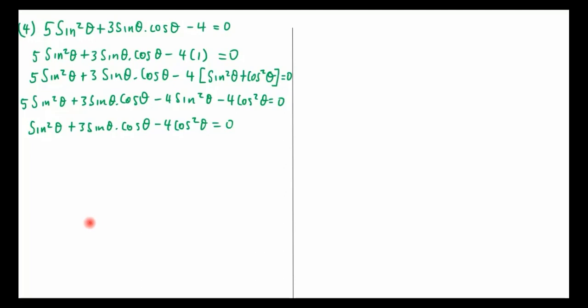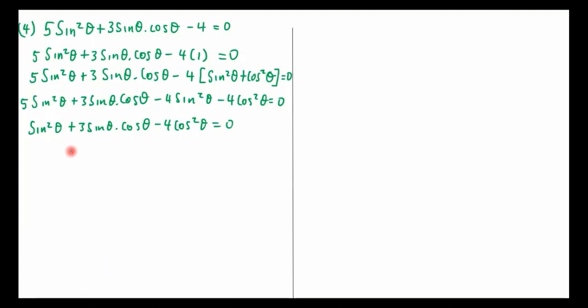Now to solve for this, there are two ways. One way is we can basically take this value here and write it according to the factors of 4. Or we can change sine theta like we did earlier.